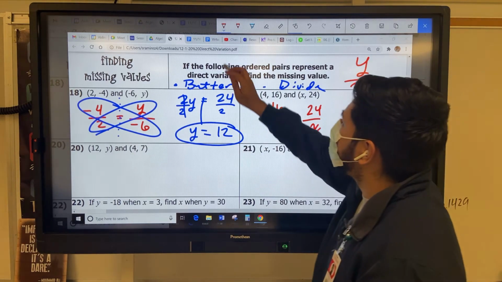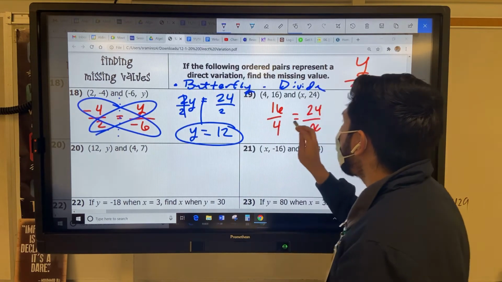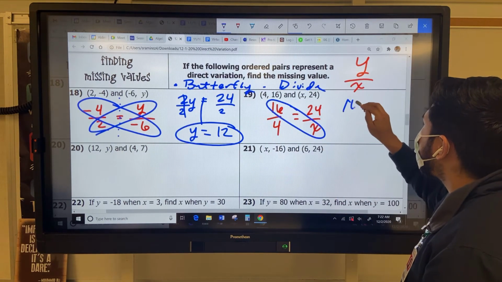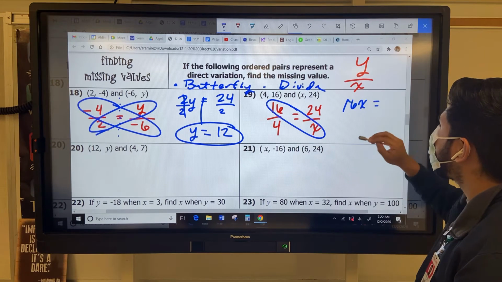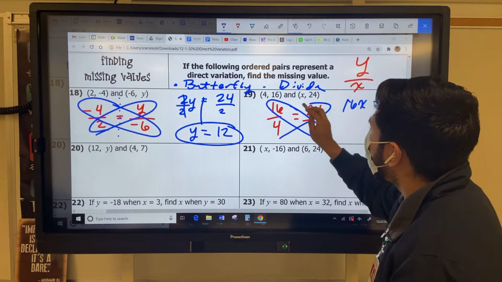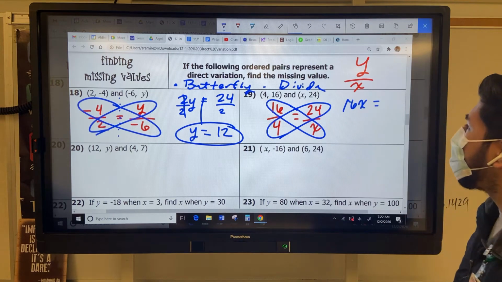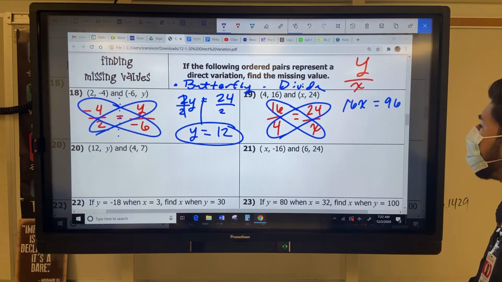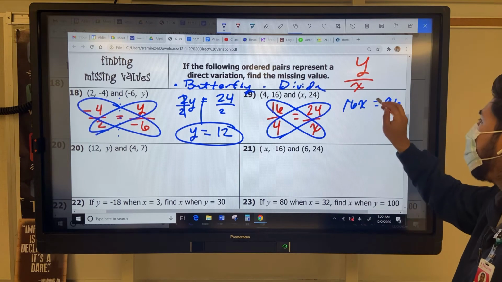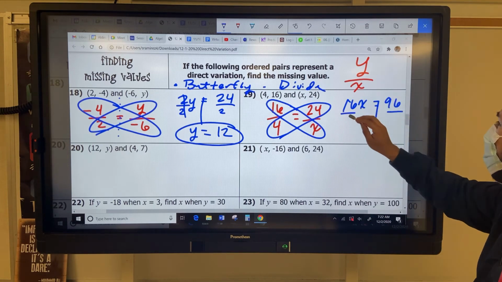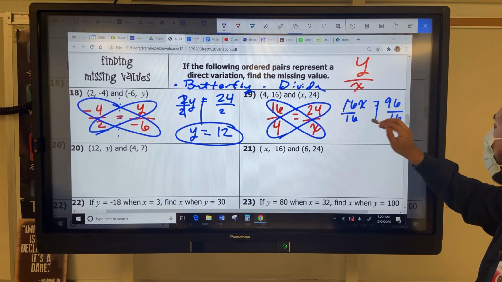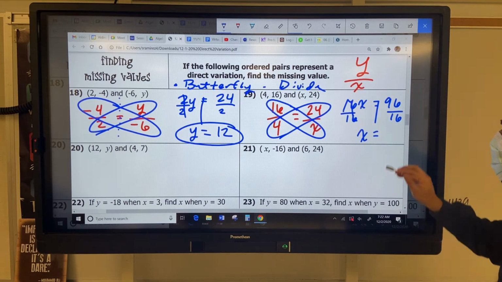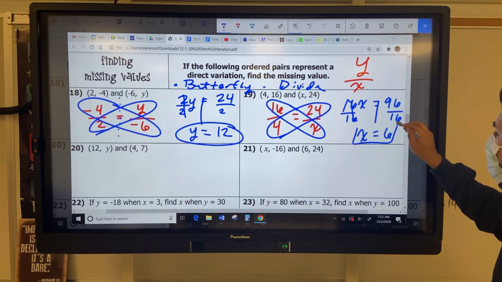Butterfly method. 16 times x, 16x equals 24 times 4, 96, and then we divide. Divide by 16. X is 96 divided by 16, which is 6. Boom.